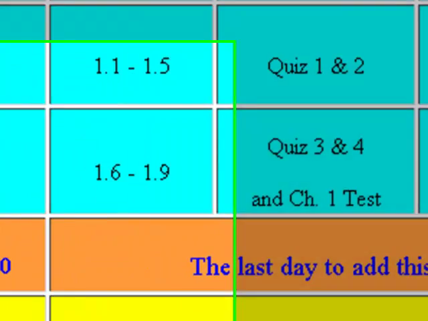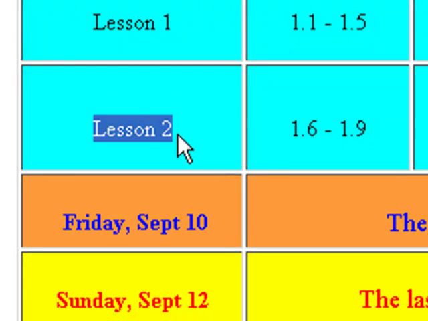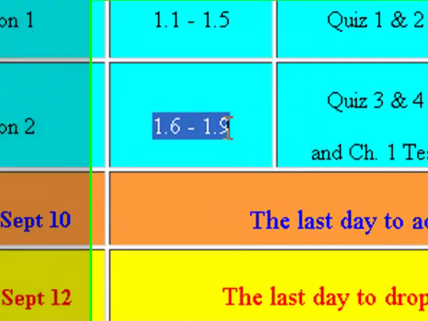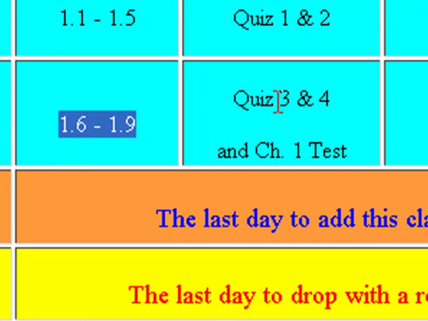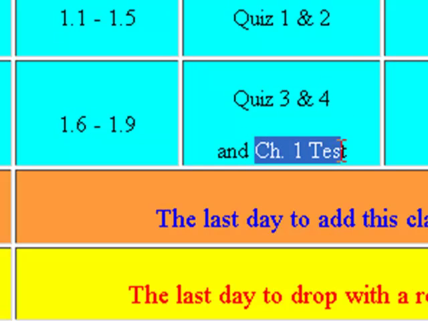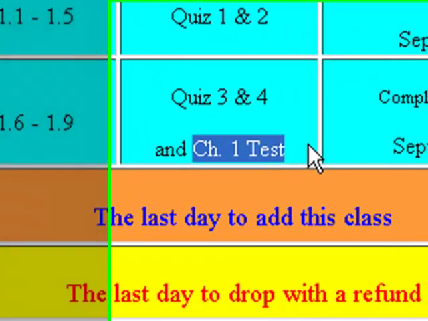And then you'll notice lesson 2 starts right away. You can start it once you complete quiz 2 from lesson 1. It tells us to actually finish chapter 1 by considering sections 1.6 to 1.9. And in this lesson, you'll be taking quizzes 3 and 4, as well as the chapter 1 test, which is called simply test 1, but it refers to chapter 1.